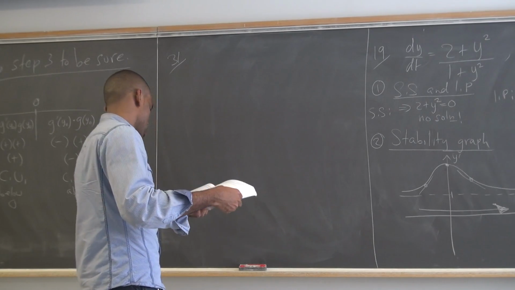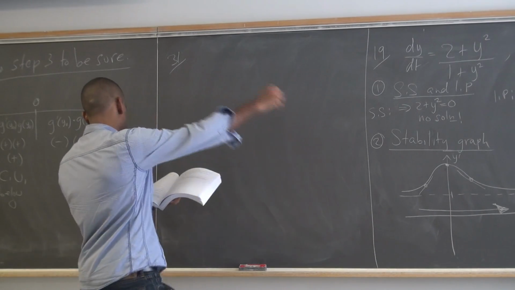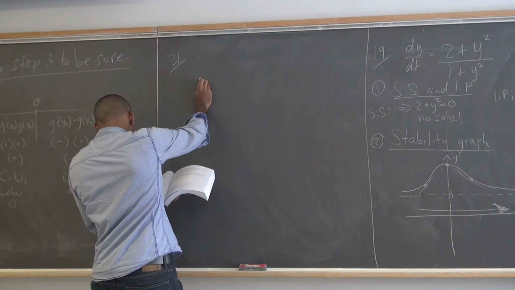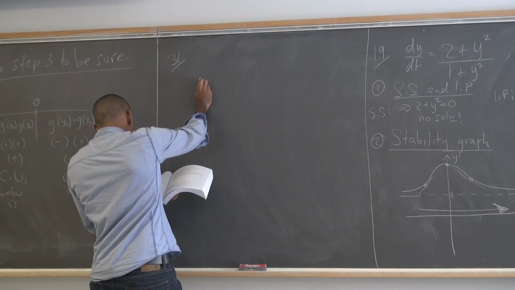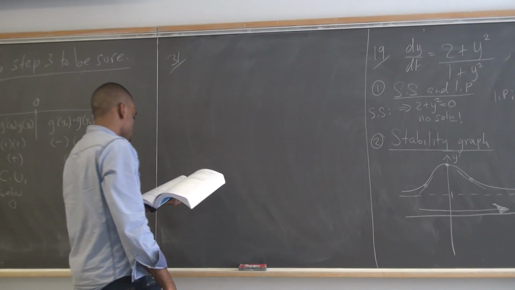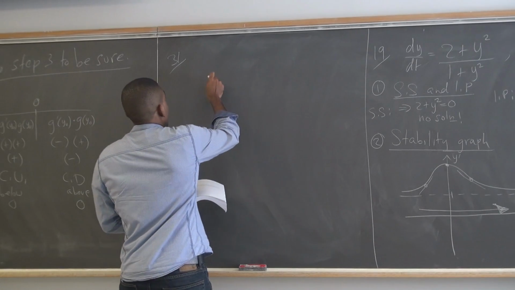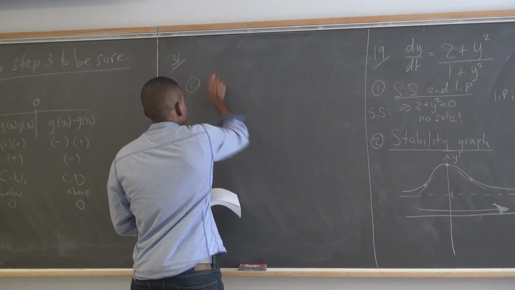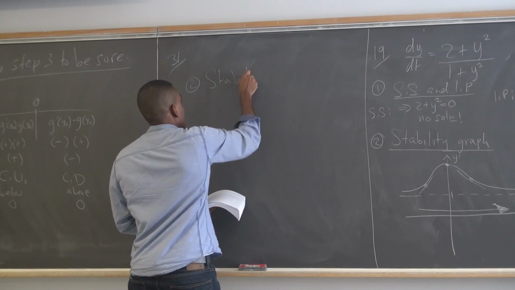Okay, let's look at this one. They didn't tell you what the function looks like. They just gave you the stability graph. So here they just gave you number 2, and you sort of have to figure out everything from that.